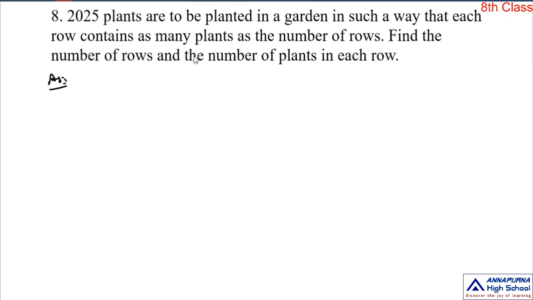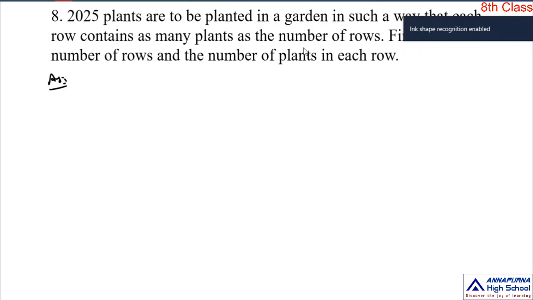Here what are the two unknowns? Yes, the number of rows and the number of plants in each row. But these two unknown quantities are related to each other. Each row contains as many plants as the number of rows. So which quantity are we taking as x? Yes, the number of rows.